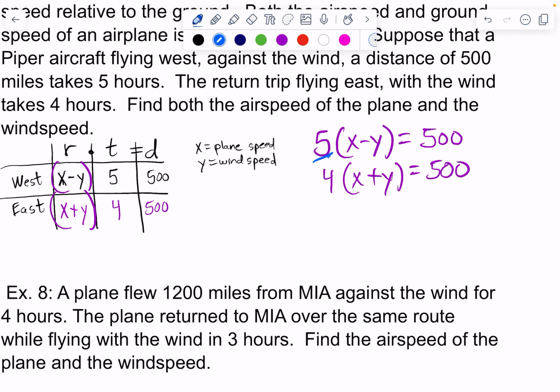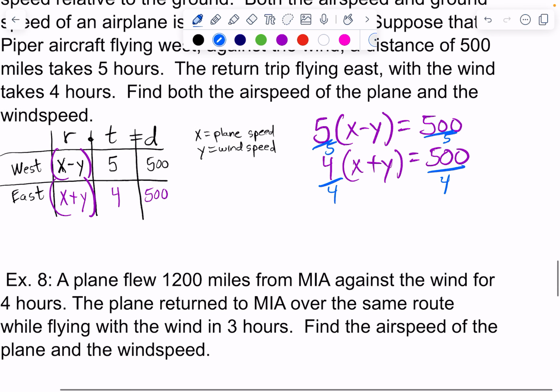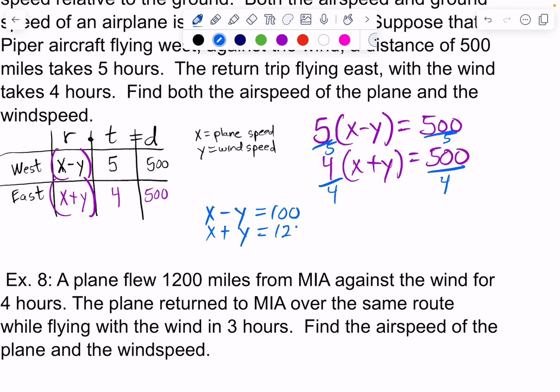And remember that you can divide 5 to both sides here. And you could divide 4 to both sides here. And then you're going to be left with x minus y equals 100. And x plus y equals 125.